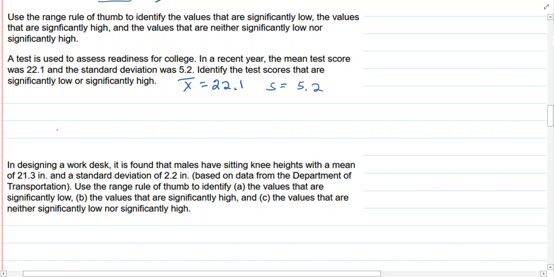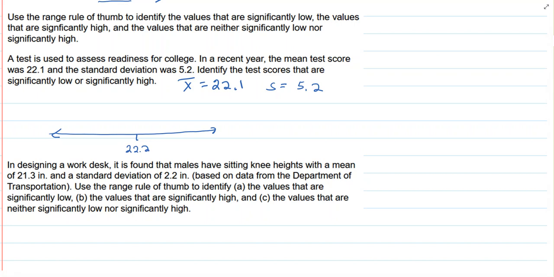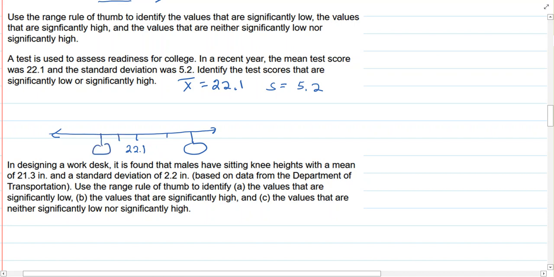All right. So what we're saying here is that we've got the 22.1, and we want 2 standard deviations around this. So we're going to do a little bit of math. It's just very little.